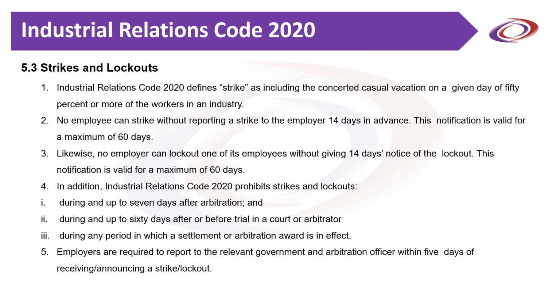Then second is related to strikes and lockouts. The code defines strike as including the concerted casual leave on a given day of 50% or more. So if 50% or more of the workers in the industry go on leave, then it will be stated as a strike if they're not working on a particular day. No employee can strike without giving notice to the employer.